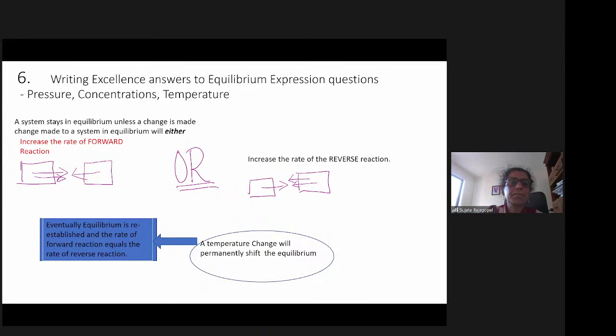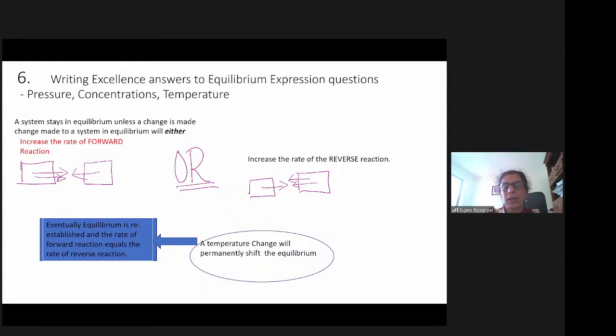Now, when talking about equilibrium questions, remember Le Chatelier's principle is very important. You begin your answer with Le Chatelier's principle. We talk about equilibrium only if it is a reversible reaction. What do you mean by reversible reaction? The reactants become products and the products become reactants, so the reaction goes back and forth.